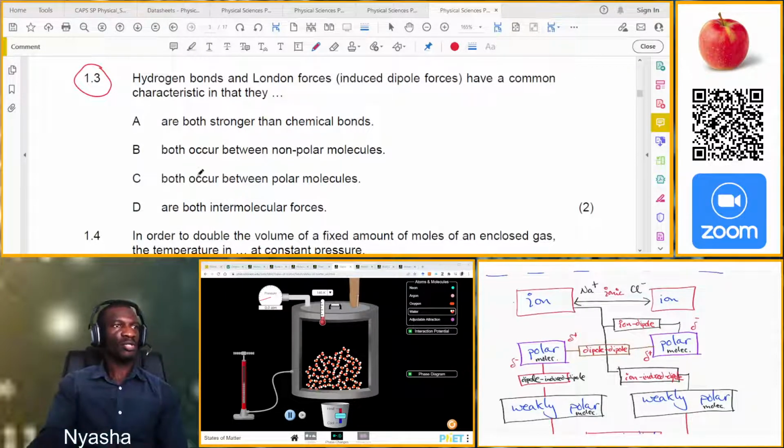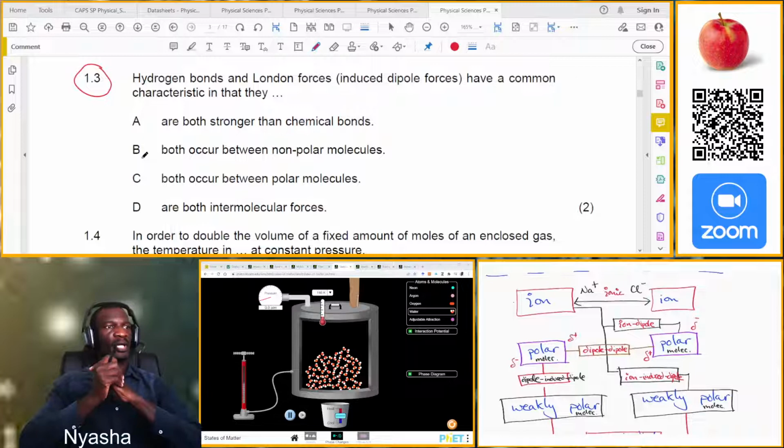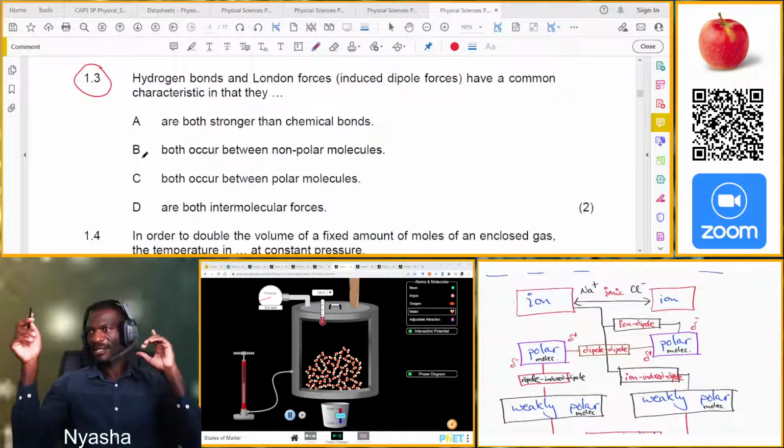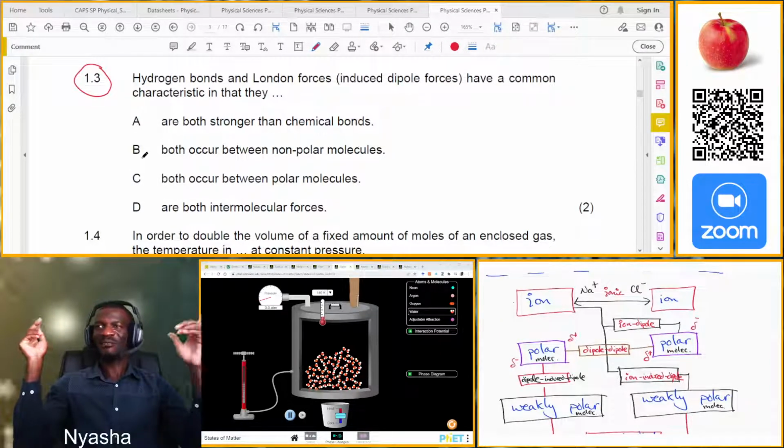So B is not going to work because it says both. Then, both occur between polar molecules. Hydrogen bonds, yes. London forces, no. So C is not going to work.